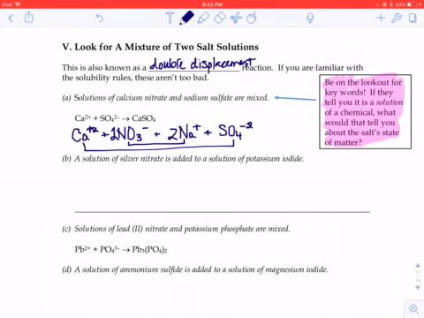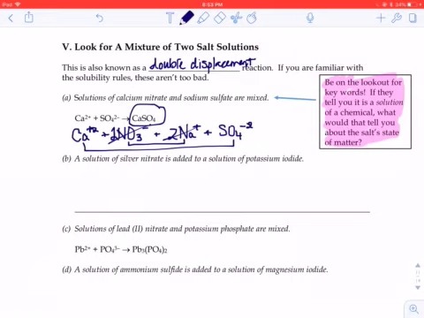So on the product side of the reaction, we would show the sodium and nitrate ions broken up, just like they are on the reactant side. So these guys are going to end up being spectators. The calcium and the sulfate, however, they combine to form calcium sulfate, which is insoluble. It does not dissolve in water, and so we show it together like this as a product.